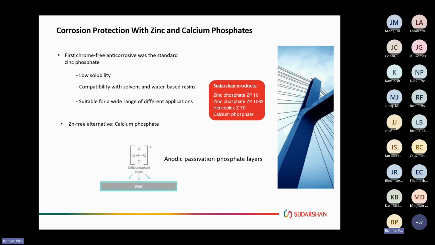These are well suited for solvent and water-based resins, and they are very suitable for a wide variety of application areas. There is that zinc-free alternative with the calcium phosphate, and so these are used as that barrier layer.